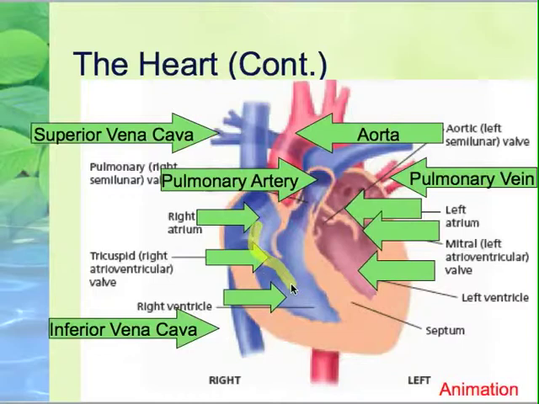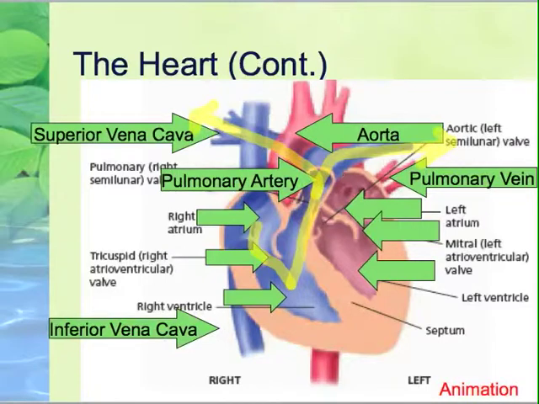The reason why we're showing blue here is because this blood doesn't have oxygen, and that's sort of a common thing in diagramming hearts. The blood in the right ventricle is going to head out to the lungs through the pulmonary artery. So it's going to go out that way, and of course out that way.